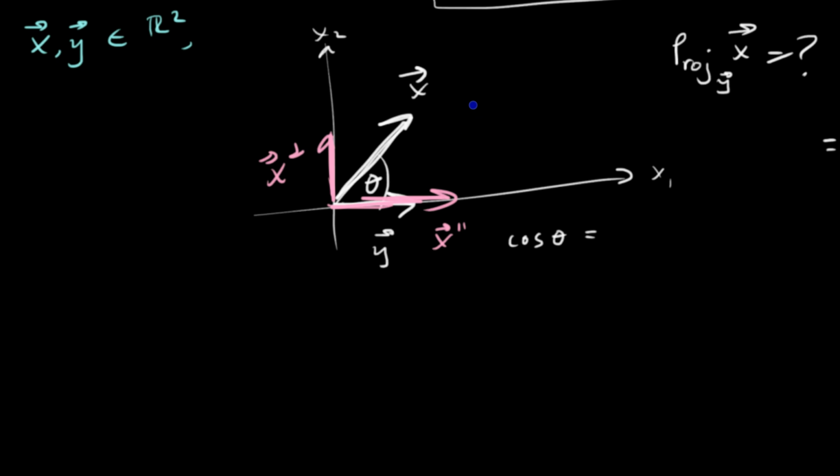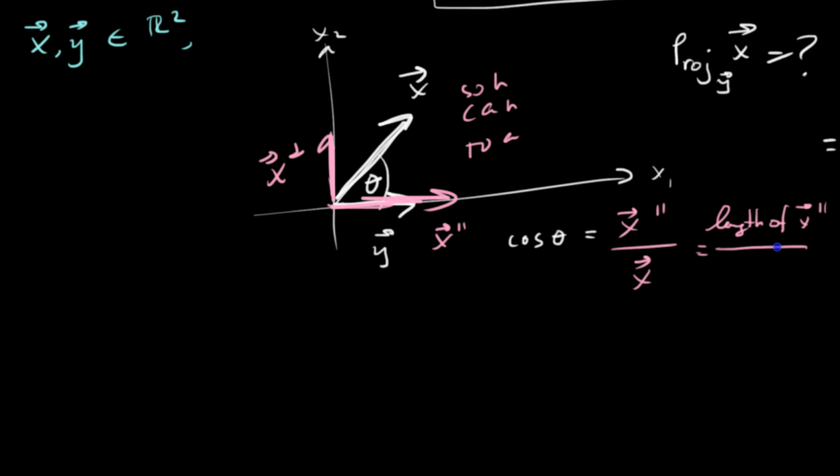Cosine is adjacent over hypotenuse. So the adjacent is x parallel, and the hypotenuse is just going to be x. When we're taking the cosine in comparison to its vectors, we want the length of x parallel over the length of just x.